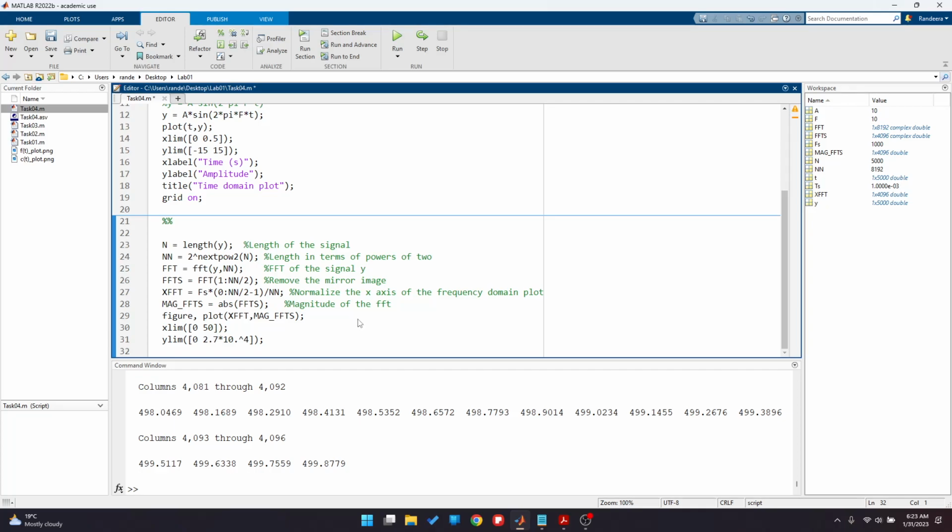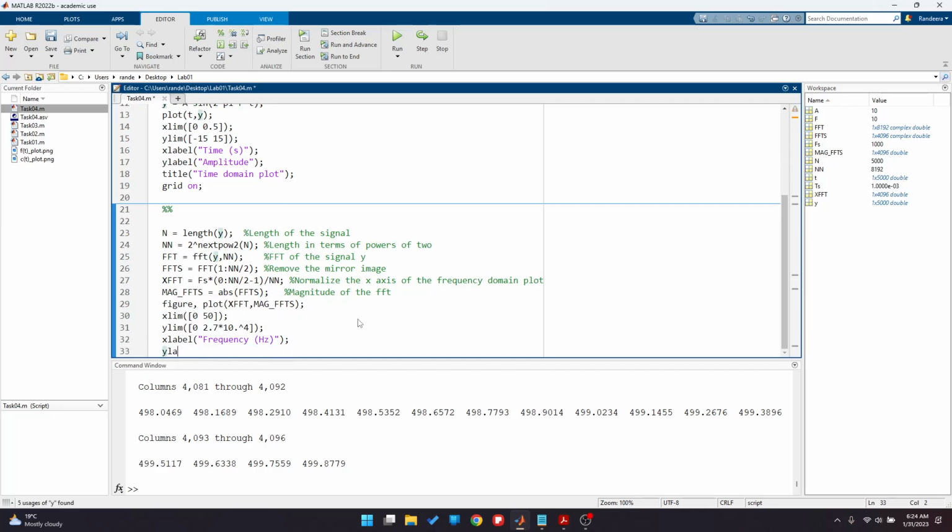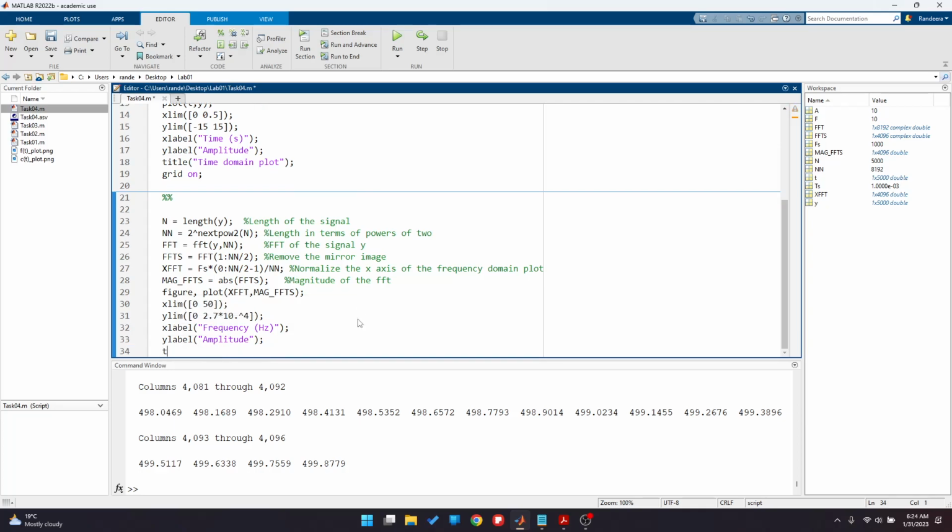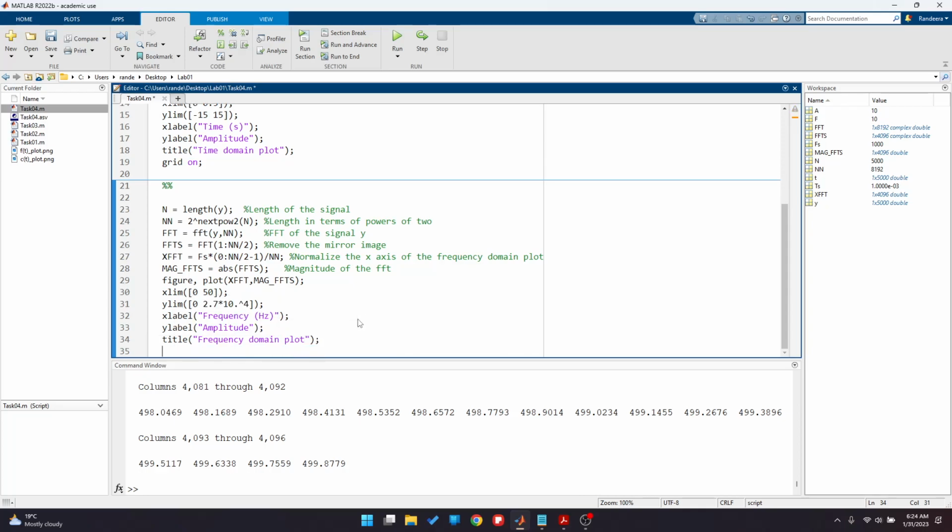Since we are plotting the frequency domain, the x-axis will be frequency in hertz, and I will enable the grid as well. Then I will run this section and see what I obtain.